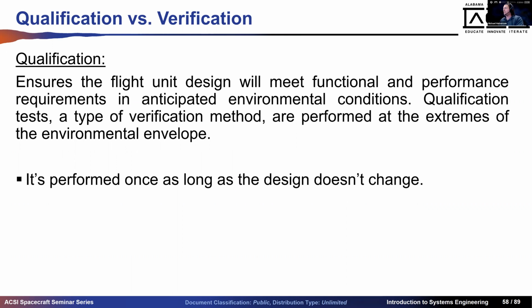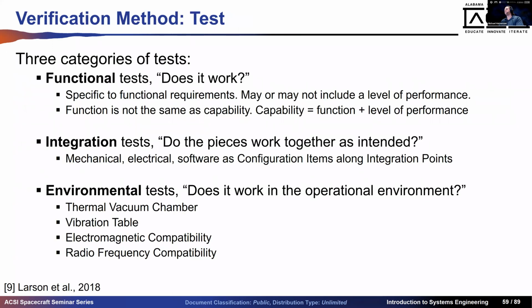What's the worst I'm ever going to get? It's performed once as long as the design doesn't change, which is why you do not want to go back and fix things. Because if you do qualification testing and it's good, and then you deploy it and something's wrong and you go back and change it, you have to re-qualify, or else it's probably going to break. That's where all the expensive stuff comes from.